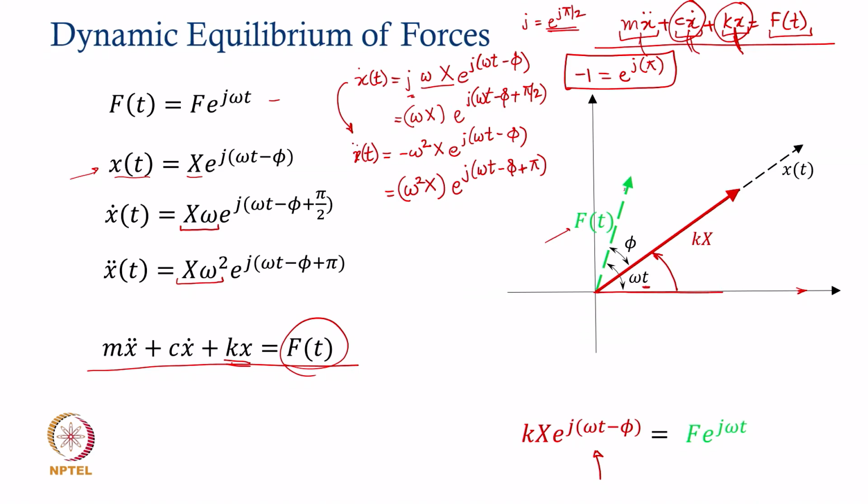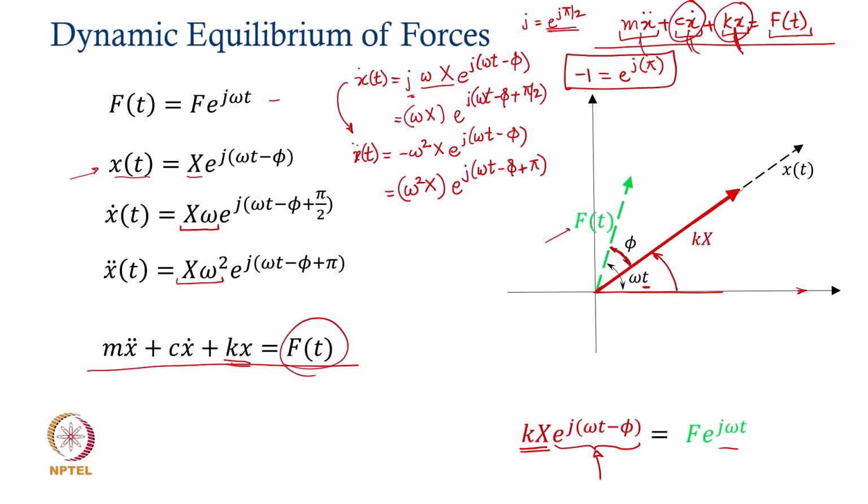The force F already has the orientation omega t, which is given here. That omega t minus phi is the phase between the force and the response, so this will align like this, which is of course aligned with the response. So, the amplitude of the restoring force with proper orientation is going to get aligned like this. This is going to be the restoring force Kx.